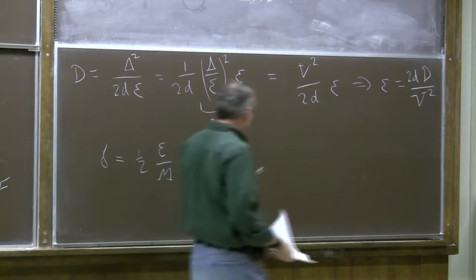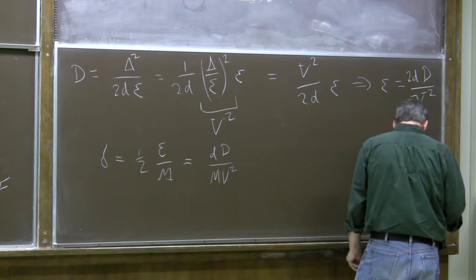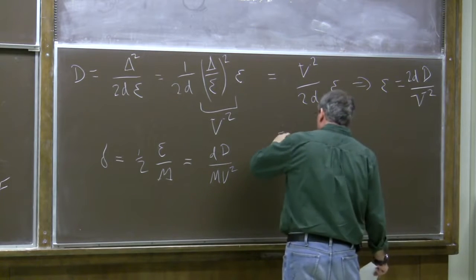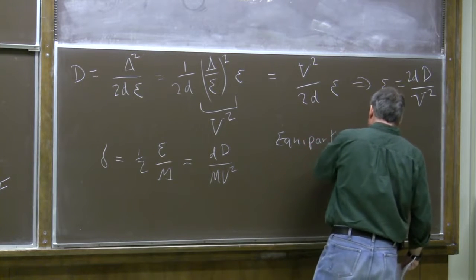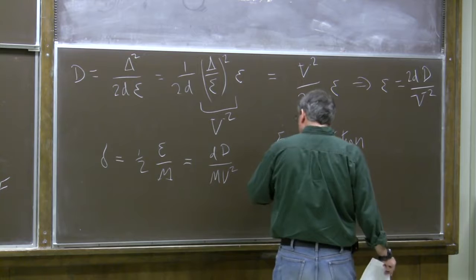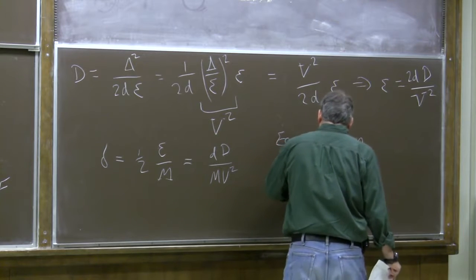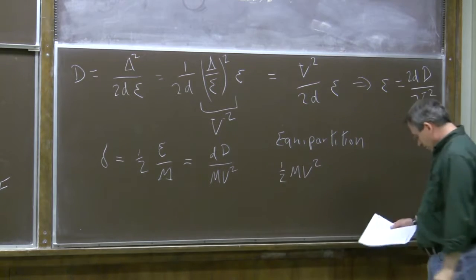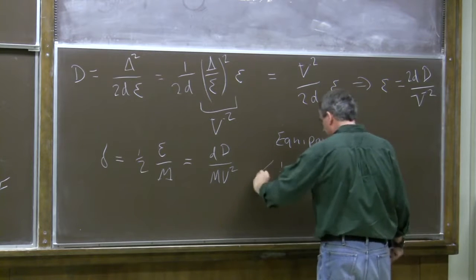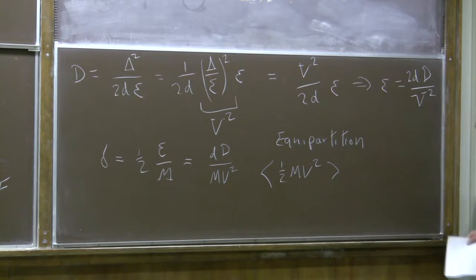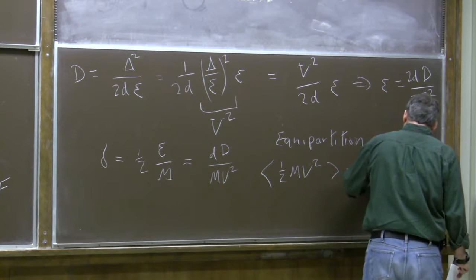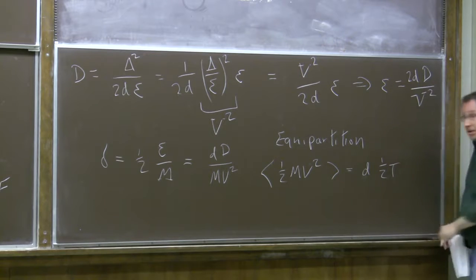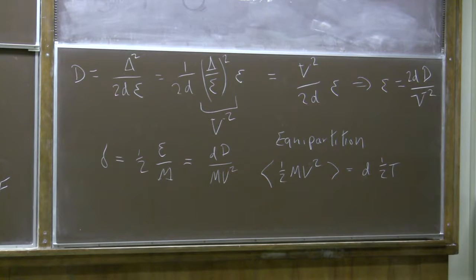So in thermal equilibrium, because of equipartition, the kinetic energy, 1/2 m v squared, mean value, for the drifting particle will, if we're in d spatial dimensions, be 1/2 tau for each one of the components of its velocity in d dimensions.